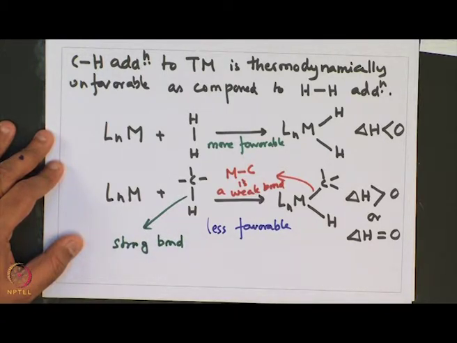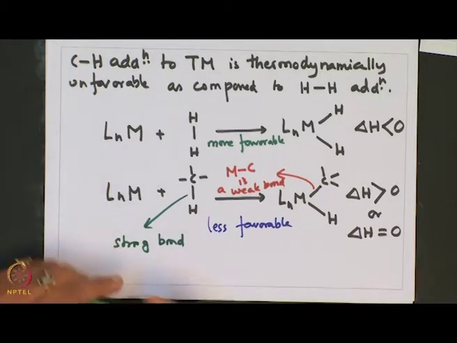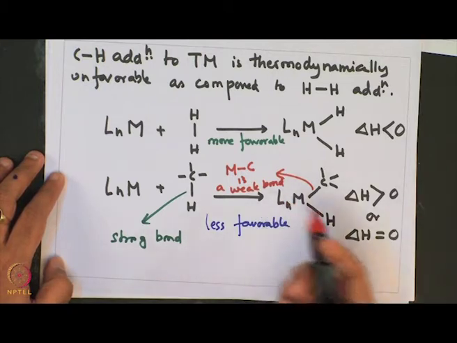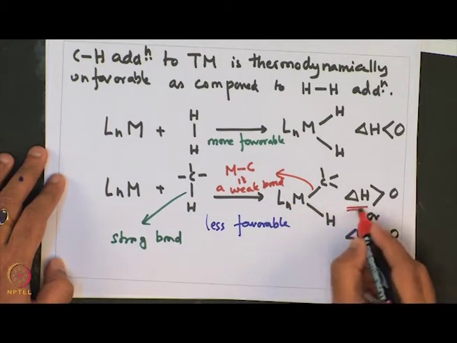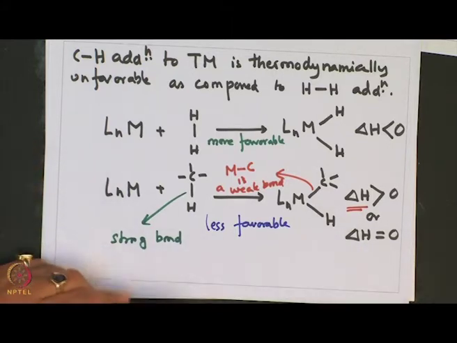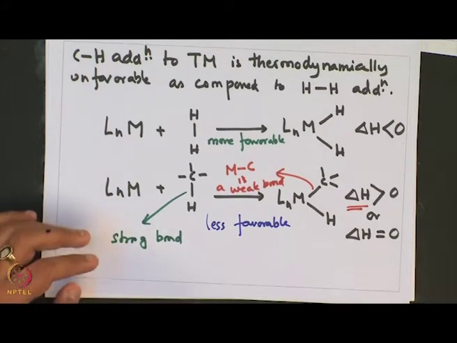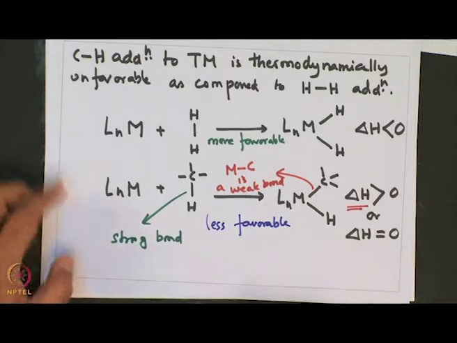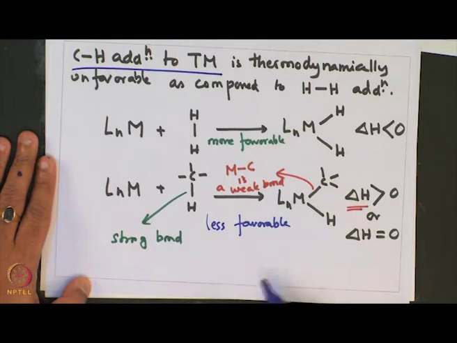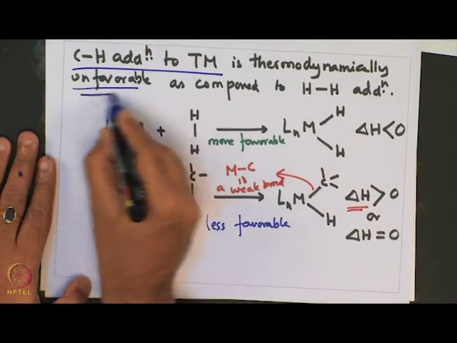So, this CH bond, which is very strong, is broken and a weak MH bond is formed. As a result, the delta H is usually positive or at best thermodynamically neutral, and hence this indicates that CH addition to transition metal is thermodynamically unfavorable.